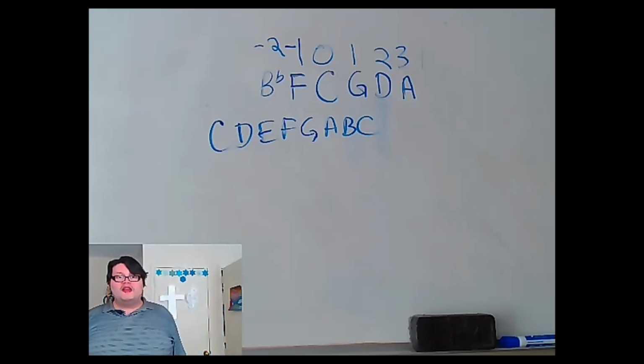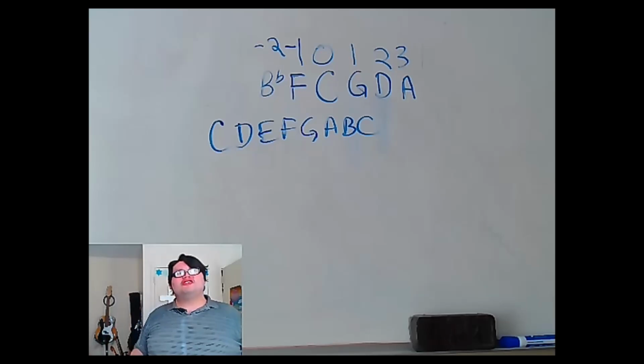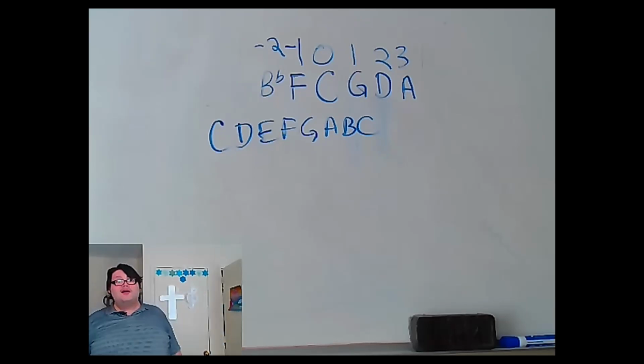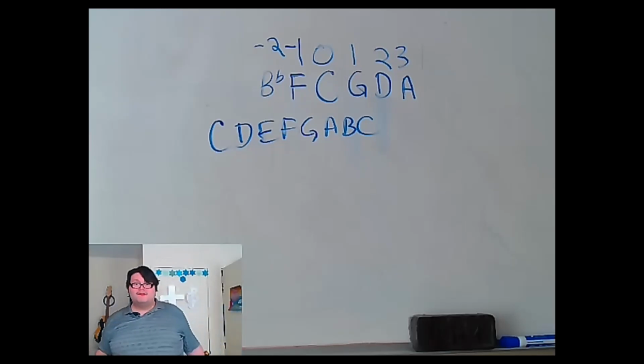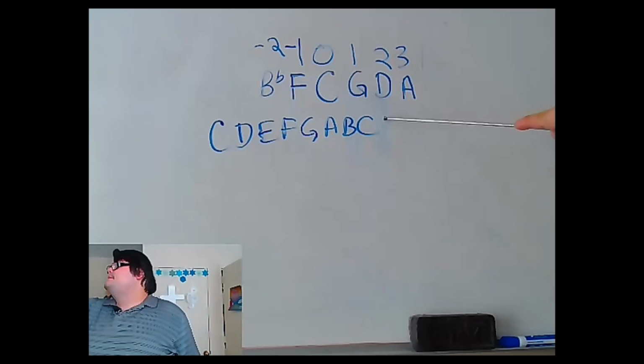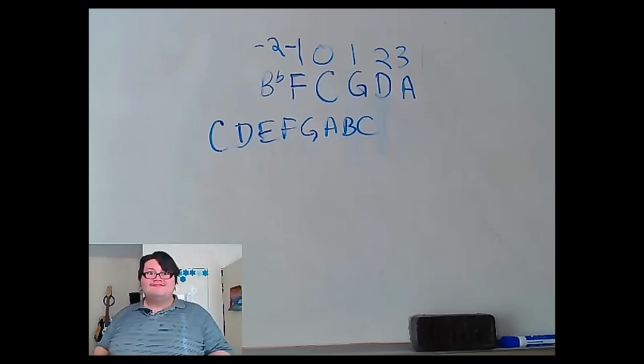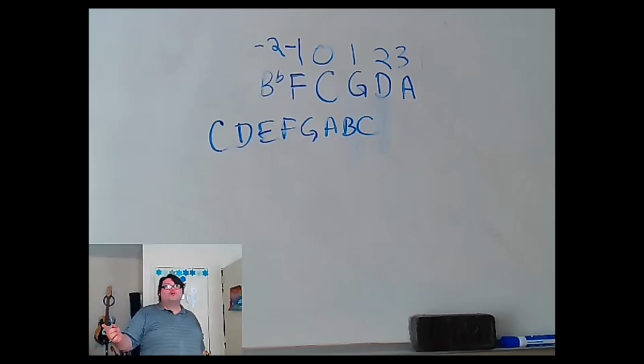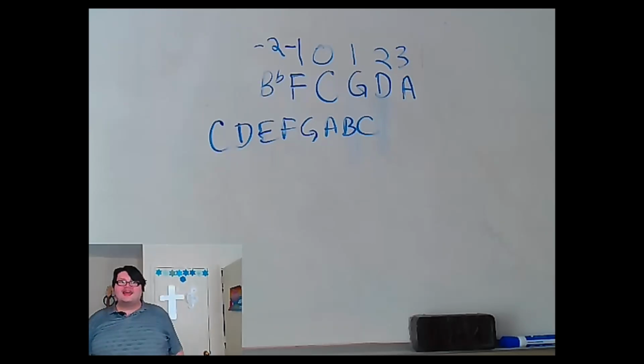Now, because we're flatting the note, we're going to flat the original key scale that we used by a half step. So in this case, we're going to take this C over here and we're going to flat it. We're going to move one note behind, just like how we did with the sharps.